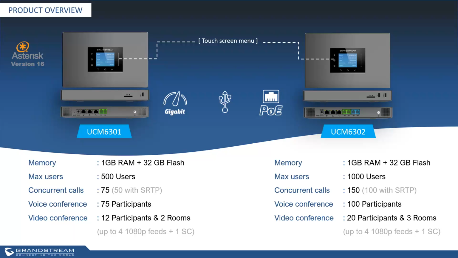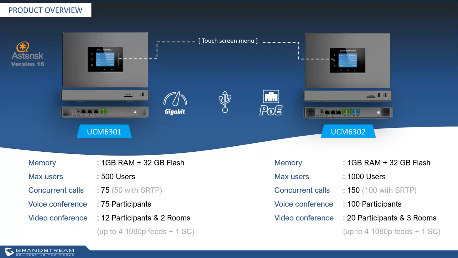The touch screen menu is located on the top, which makes it convenient to navigate when the device is wall mounted. In addition, the UCM 6300 is built on Asterisk version 16 compared to Asterisk version 13 used by the UCM 6200. So why is this important?